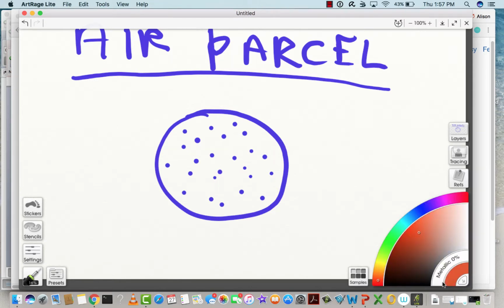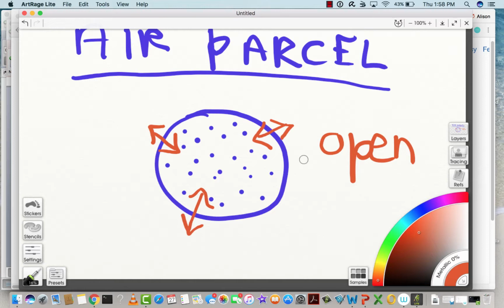Let's try doing a red thing here. In theory, in the real atmosphere, there's no such thing as an air parcel with a skin. And so you can have a constant flow of outside air into this region and inside air out of that region. So we might call this an open air parcel because the airflow can go back and forth.